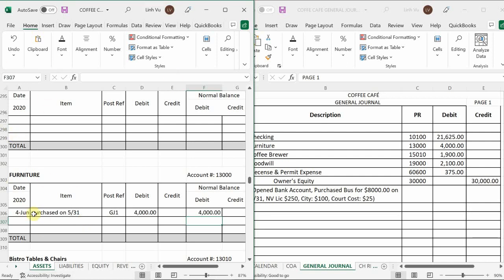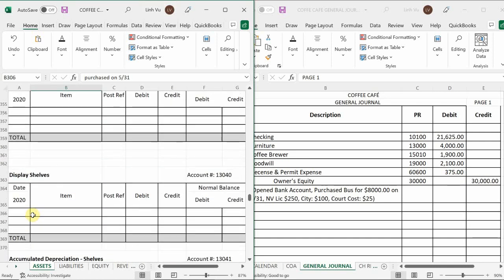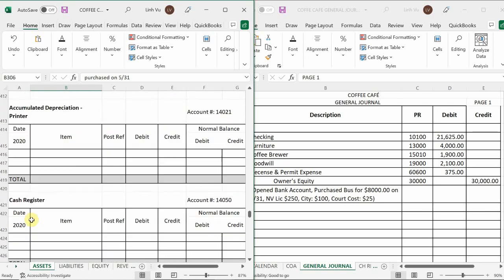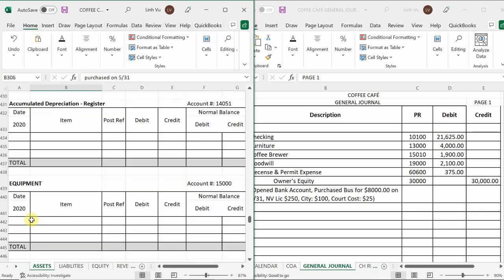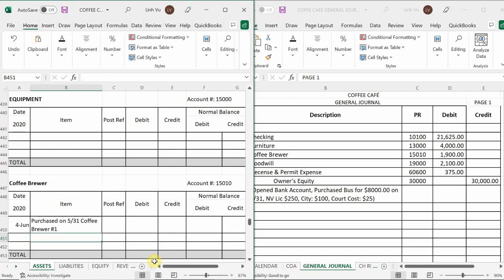So coffee brewer is going to be considered not office equipment. It's considered regular equipment to the business. Okay. Here it is, equipment. There it is, coffee brewer. So in this case, it is June 4th, and you could say purchased on May 31st, coffee brewer number 1. Okay? Because I'll give you a hint.